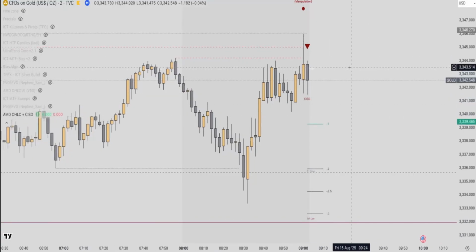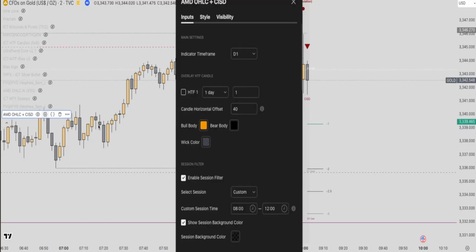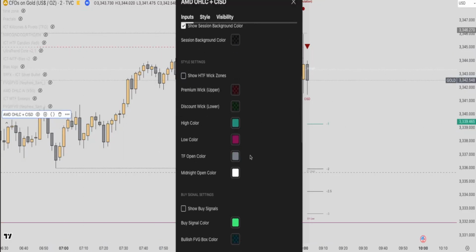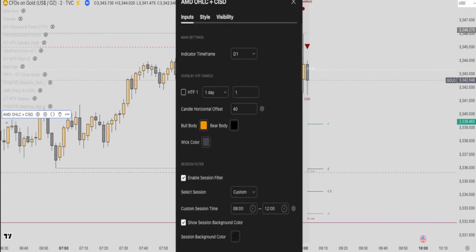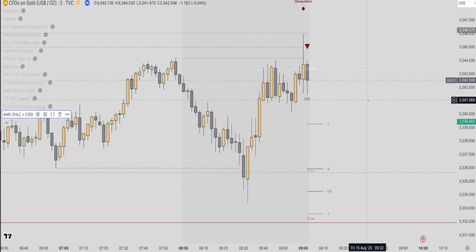You still have to understand what the bias is in higher time frame, right? This indicator has a lot of stuff. This is not the only thing this indicator has. It has a lot of other things that are going to tell you whether the bias is bullish or bearish in higher time frames, so you can get more confluences in your favor.